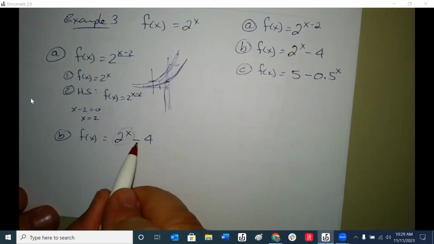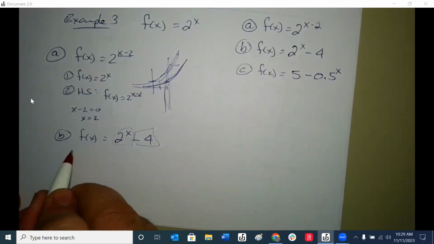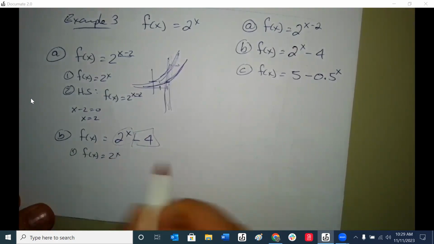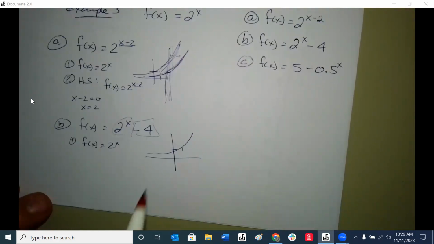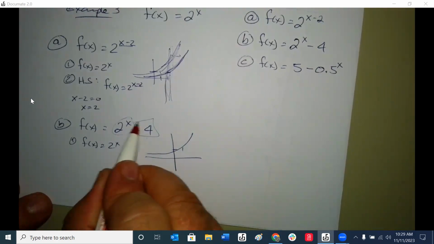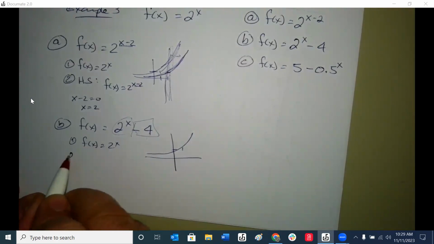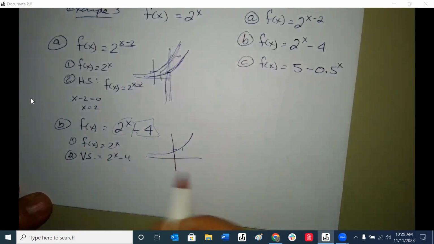Here's 2 to the x minus 4. This is outside of it, so this is a vertical shift. Our original function is 2 to the x, and that looks like this. There's no horizontal shift. Since it's outside the function, we have a vertical shift down 4 spaces.